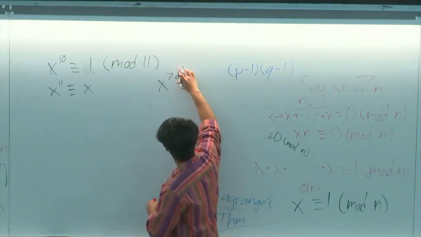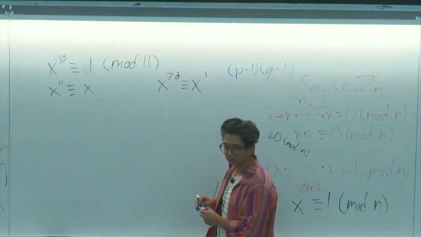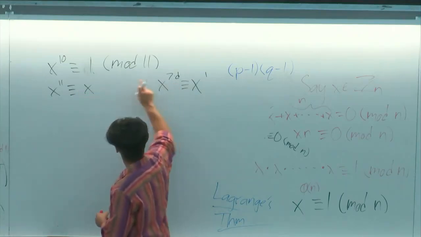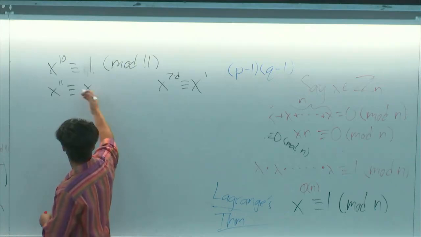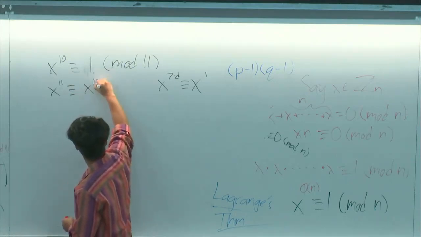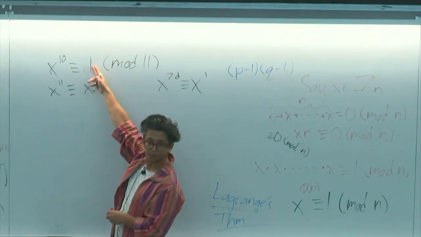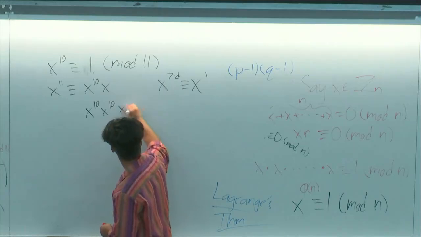We want a d that cancels out the 7 so that we just have 1 in the exponent. How do we do that? Well, we don't have a d that when we multiply by 7 gets us 11. But the reason this works is because it's x to the 10 times x. And x to the 10 is just 1. We can do x to the 10 times x to the 10 times x.